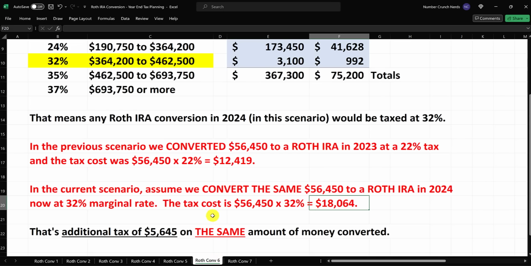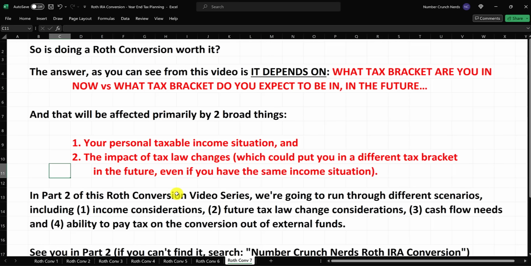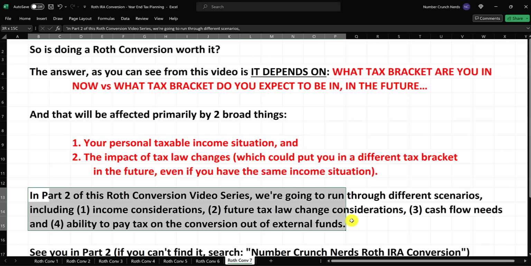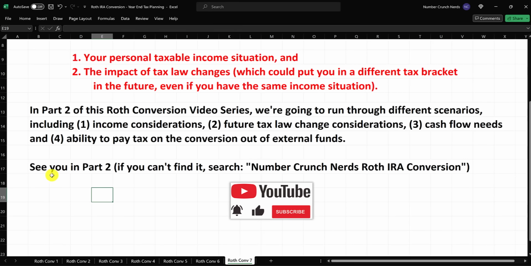That's what we're trying to figure out. Should I convert now? Do I have room in this bracket to get some of this converted at a lower rate than ultimately what I'm expecting to pay in the future? So we're going to run through more scenarios to help clarify future expectations of income, future tax law changes, cash flow needs, etc.